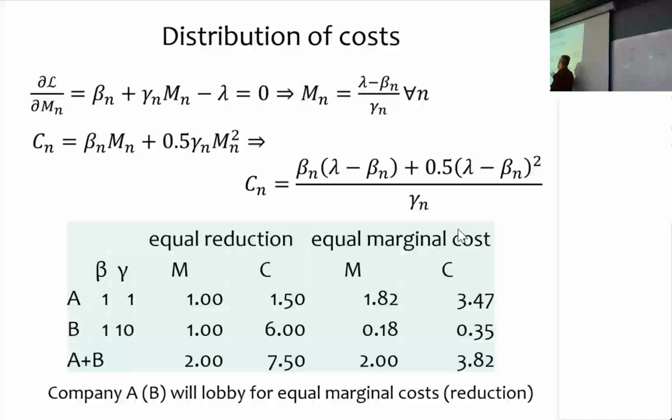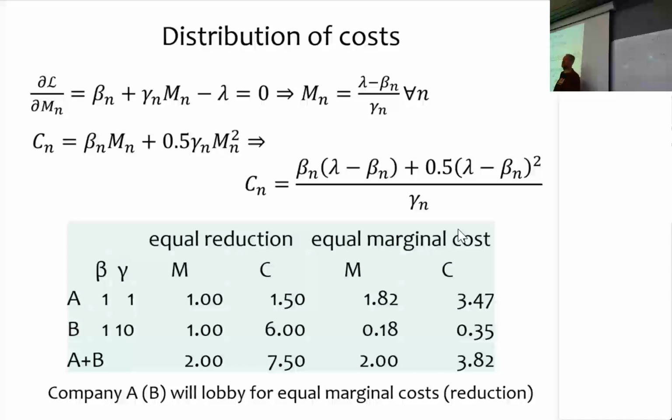Now equate the marginal cost, not equate the emission reduction burden, but we're going to equate the marginal cost. Then what we have is that company A will have to cut its emissions by 1.82, and company B has to cut its emissions by, no, by 0.18, right?